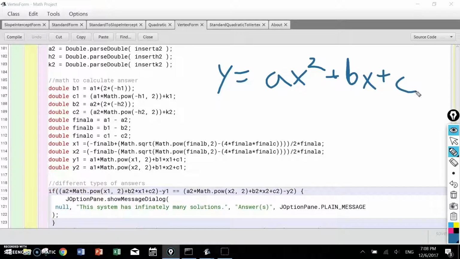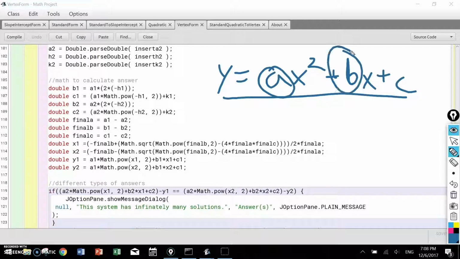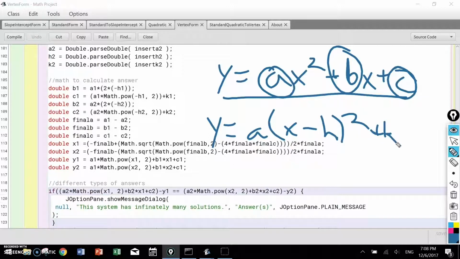Because this is standard form, we need the a, the b, and the c to use the quadratic formula. However, in vertex form, we don't have those values. So, we have the a, but no b and c.